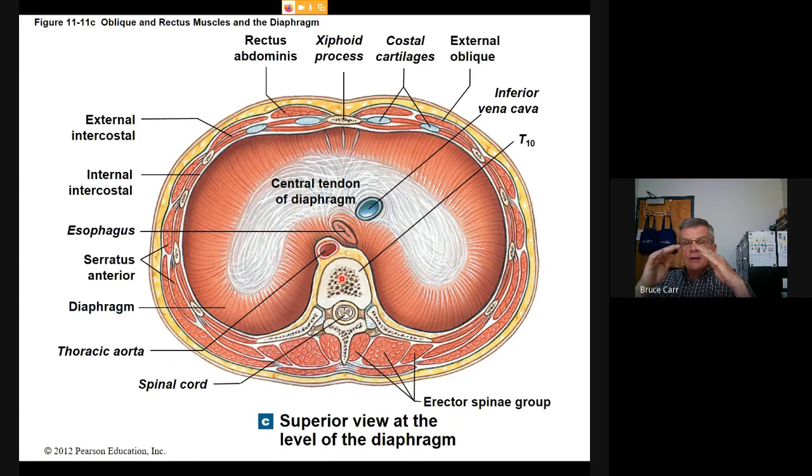And when you contract the muscles, the body of the diaphragm, it basically pulls that central tendon downward. Now, when it does, it increases the volume of our lungs, which basically forces air down our airway and into our lungs. This is how we inhale.